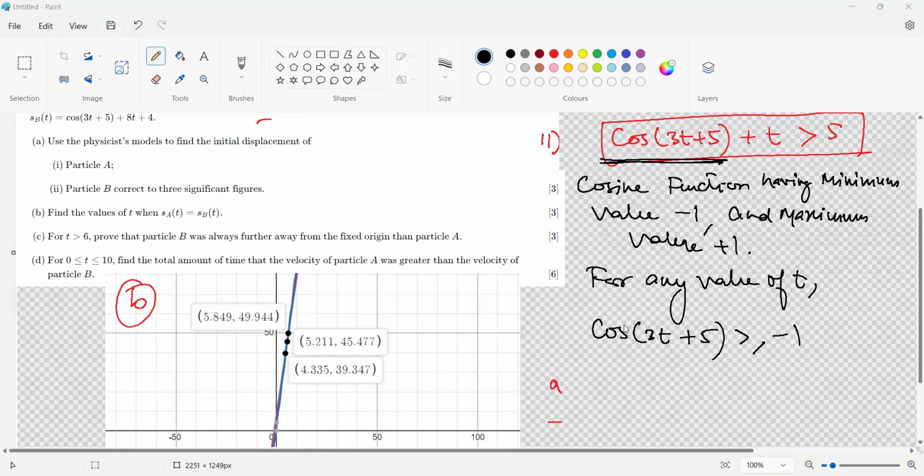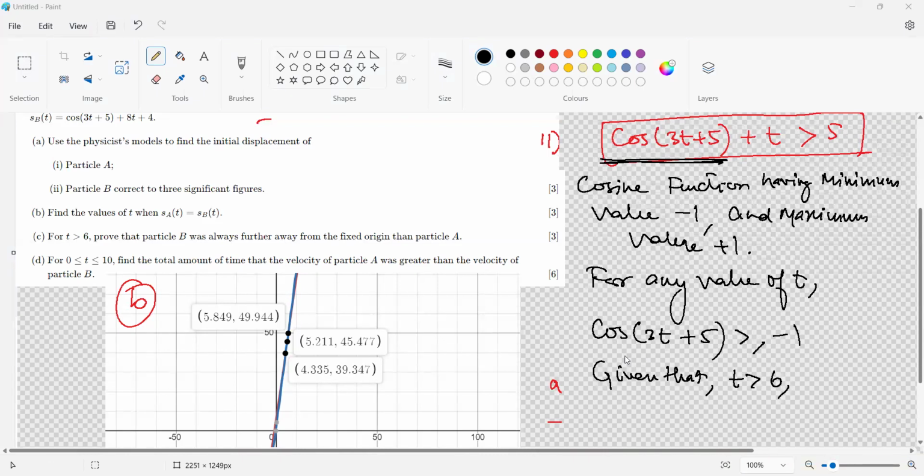And what we have been given? We have been given for t greater than 6, SB is always greater than SA.